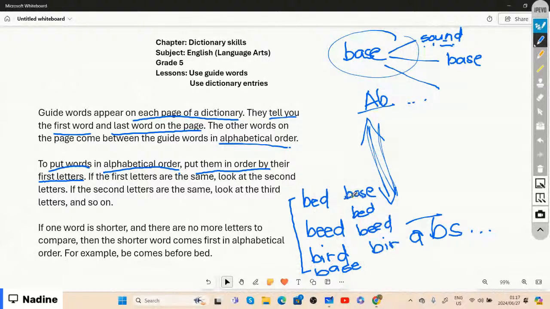Because remember, we need to first look at the first letter, and if the first letters are all the same, we look at the second letter. And if we look at the second letters, A comes before E comes before I. But if, let's say, the second letters are all the same, then we look at the third letter. And we can see, D comes before E.